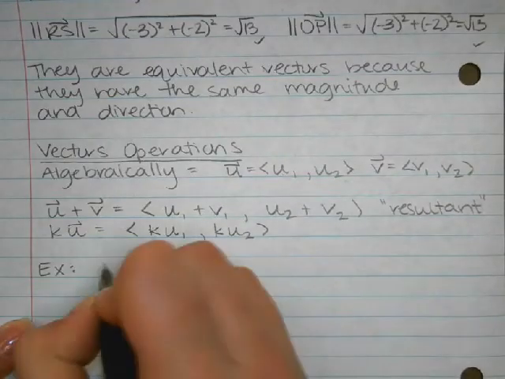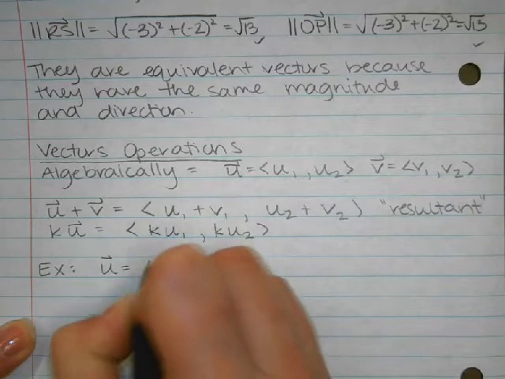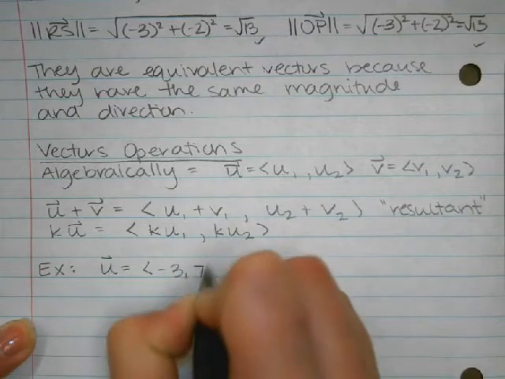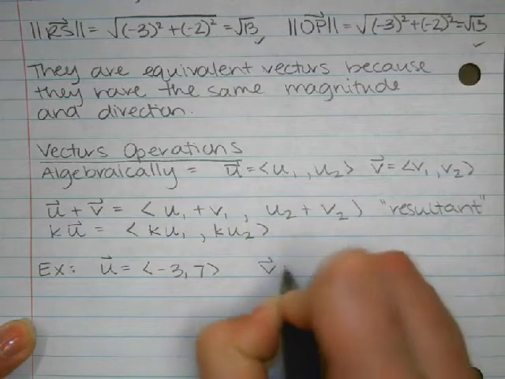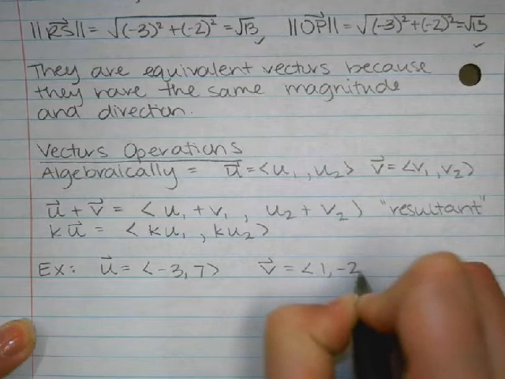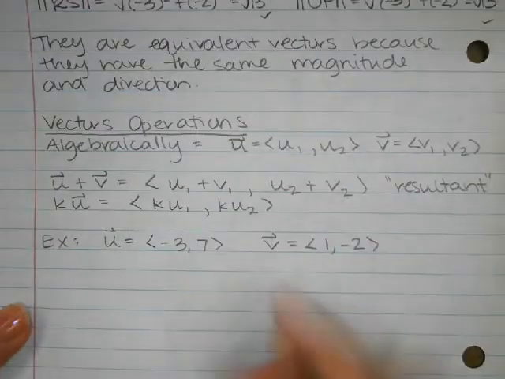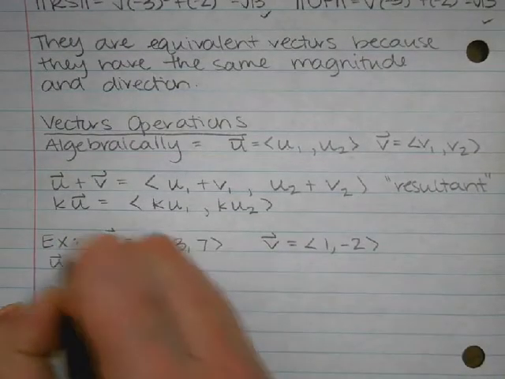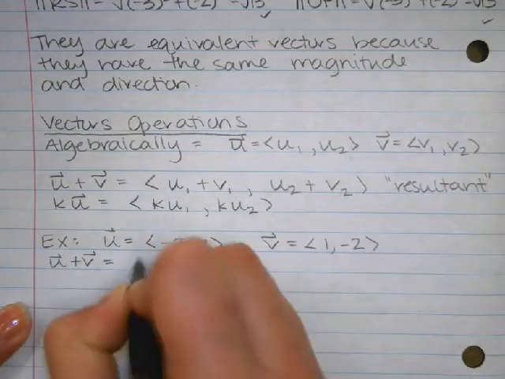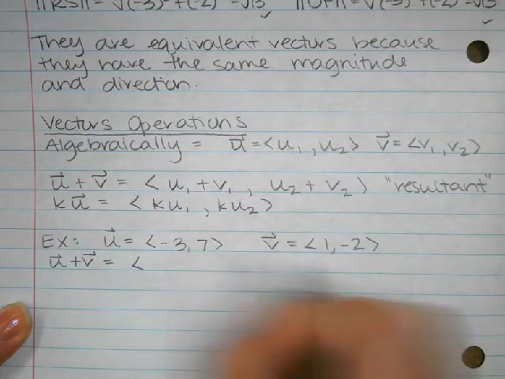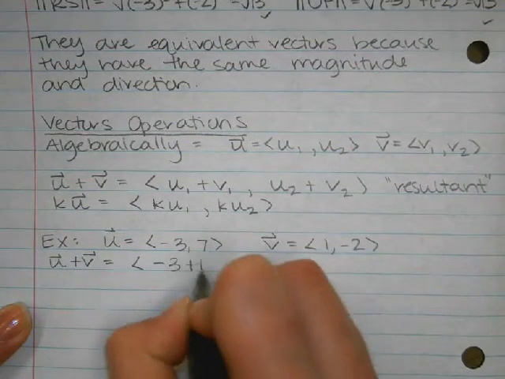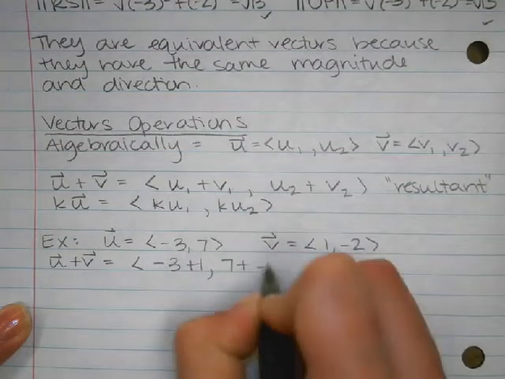Okay, so for example, if we had u is -3, 7, and v is 1, -2, then u plus v would be -3 plus 1, and 7 plus -2.